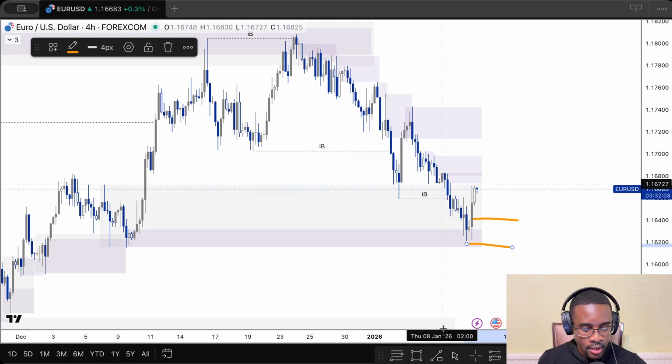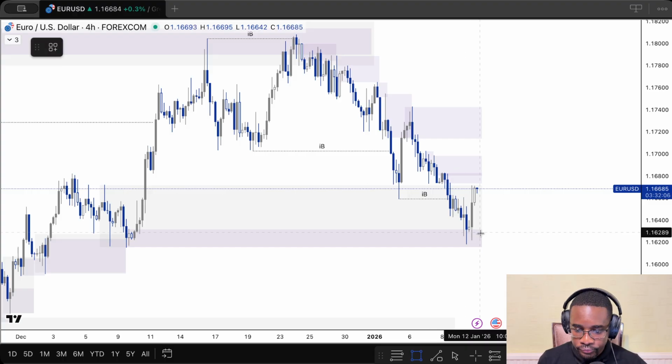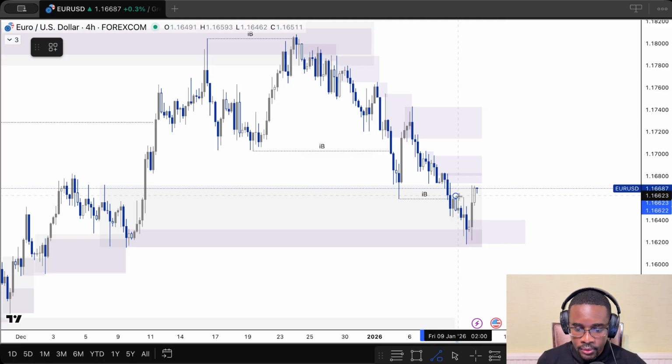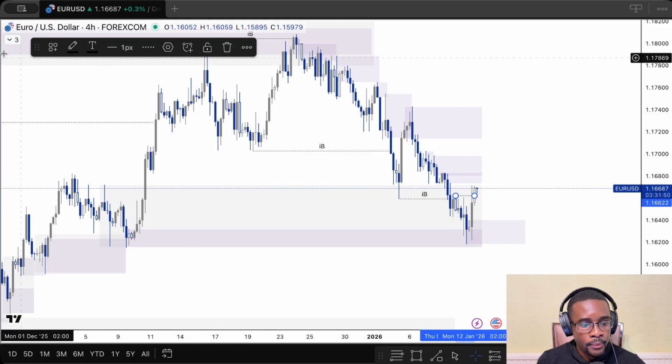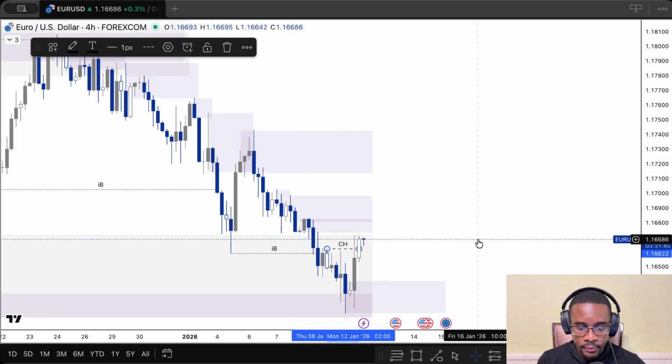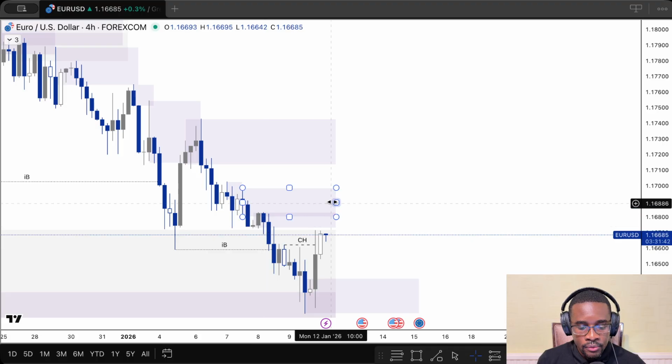So now we do have that area there as demand. That's new demand that's been formed. Let me just mark that out. Boom. And that's our 4-hour choke. So obviously we're still expecting these supply areas to react. We can expect these supply areas to still hold.